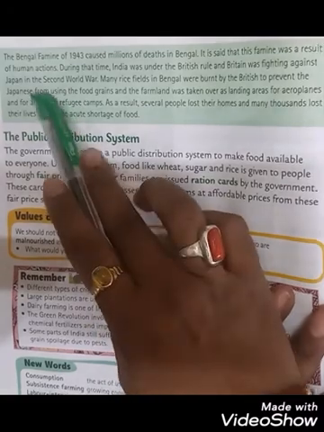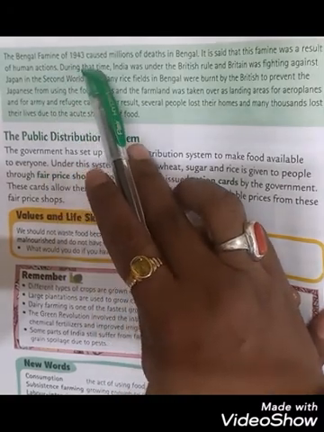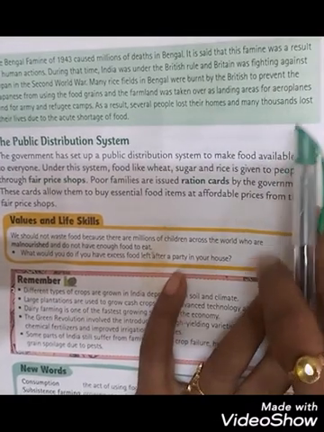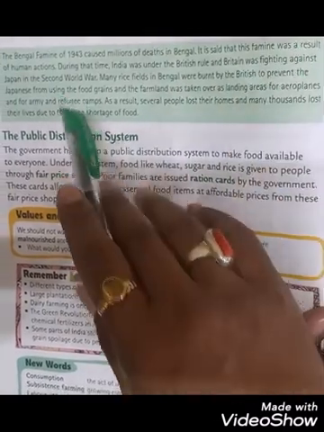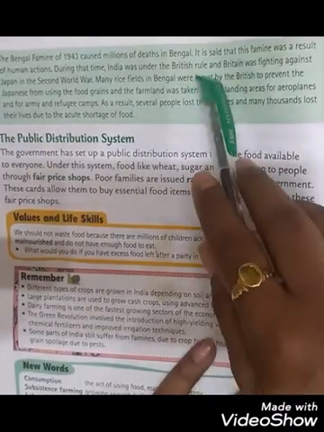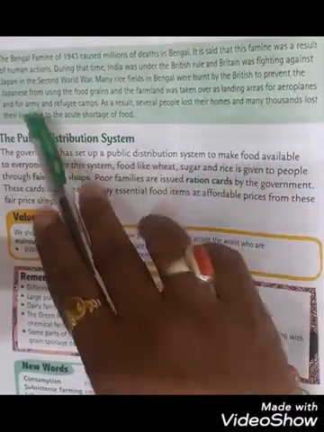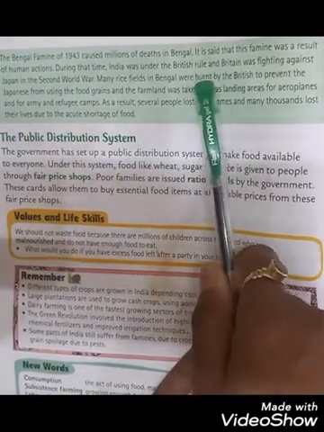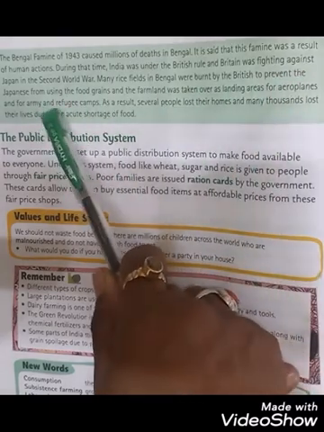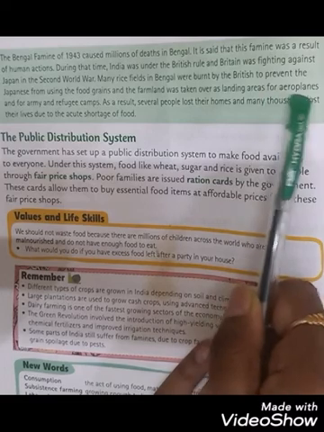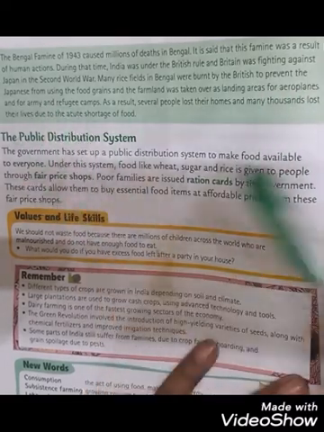Next, the Bengal famine of 1943. There were millions of deaths in Bengal, and it was said that this famine was a result of human actions. Famine was created by man. India was under British rule at that time, and Britain was fighting against Japan in the Second World War. Many rice fields in Bengal were burned by the British to prevent the Japanese from using the food grains, and the farmland was taken over as landing areas for aeroplanes, and for army and refugee camps.